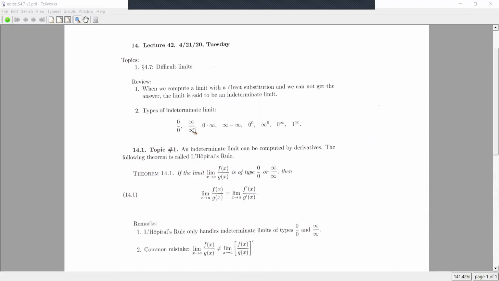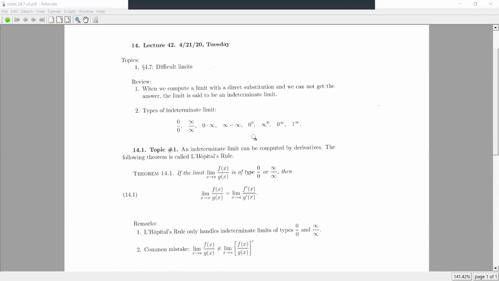Similarly, infinity over infinity, 0 times infinity, infinity minus infinity, 0 to the 0, we cannot determine what they are. 0 to the 1 million, we can determine it is 0. 1 million to the 0, we can say it is 1.